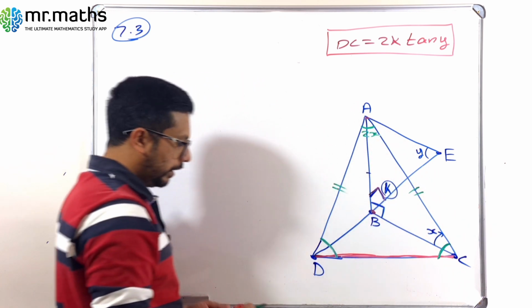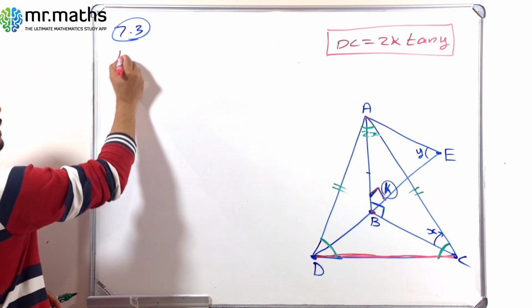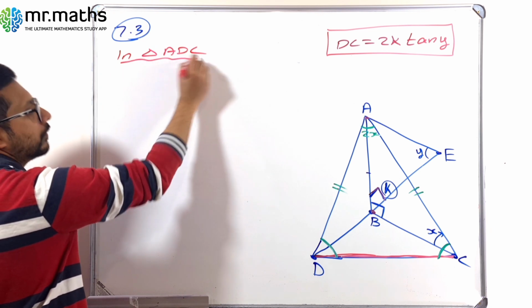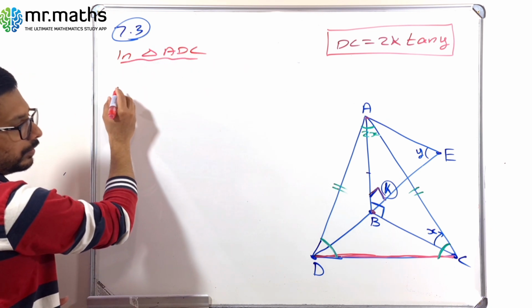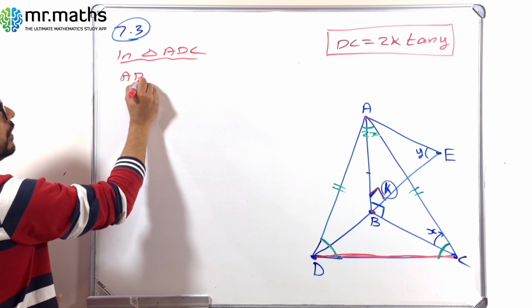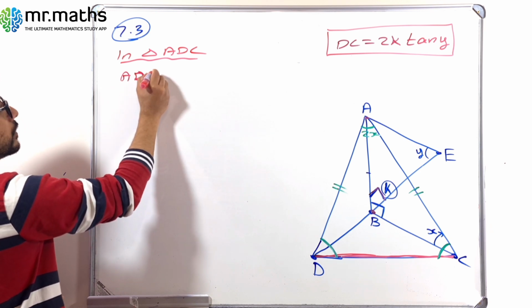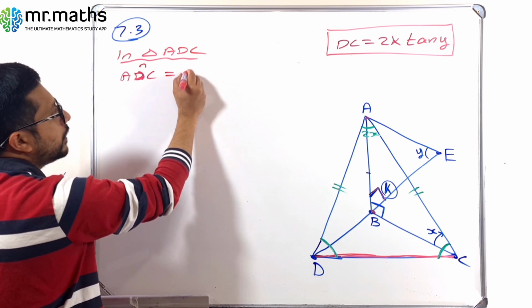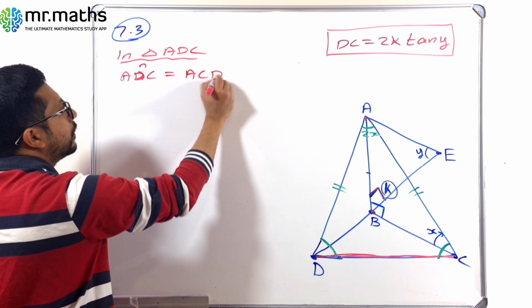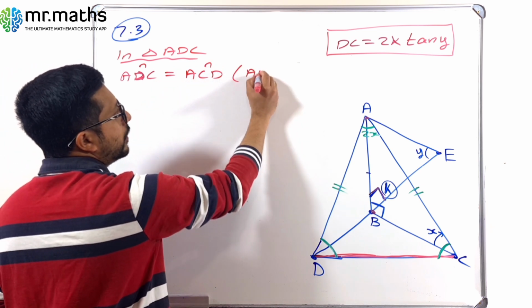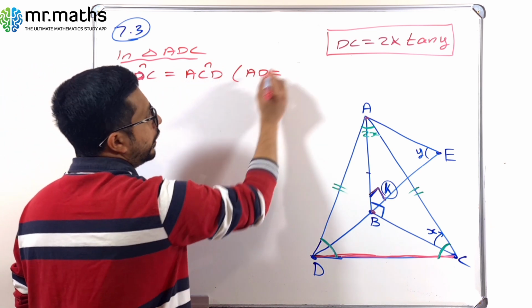So in triangle ADC, angle ADC is equal to angle ACD. What is the reason? AD is equal to AC.